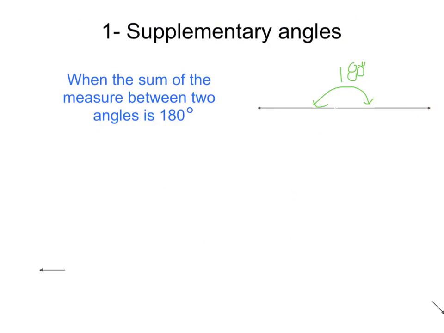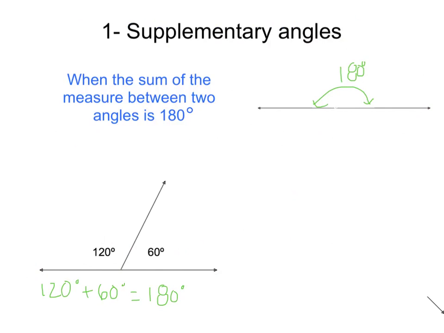So let's look at our first example right here. We see that we have 120 degrees and 60 degrees. Since this right here happens to be a line, we know that the 120 degrees plus 60 degrees will equal 180 degrees. Now, supplementary angles are also nice because they don't necessarily need to be on the same line in order to know that they're supplementary.